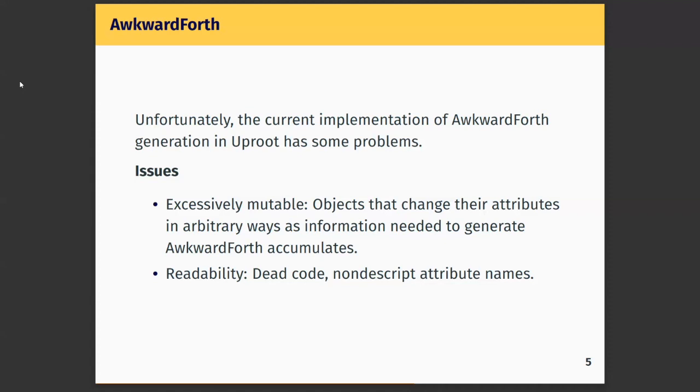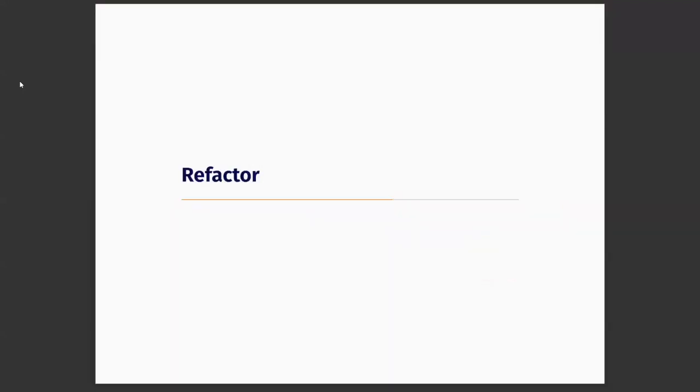That excessive mutability is something we want to avoid. Ideally, the code should be stateless or append-only with the refactor. The other problem is readability. There is dead code and a lot of nondescript attribute names that need to be cleaned up in the refactor.